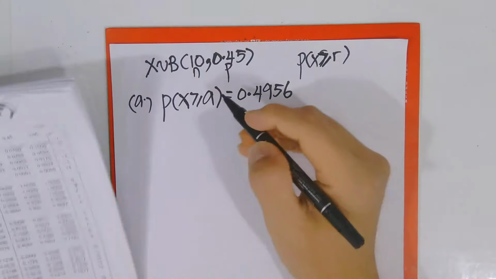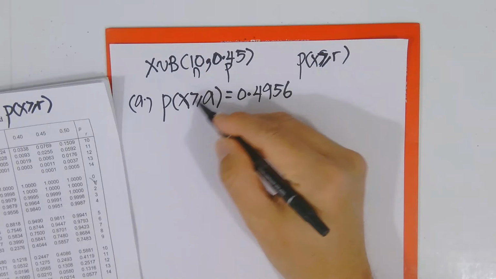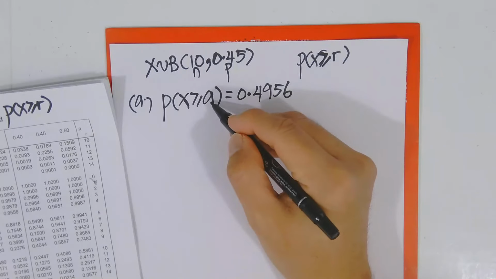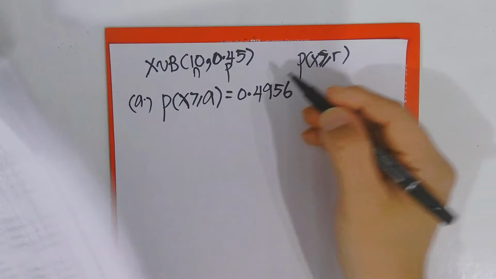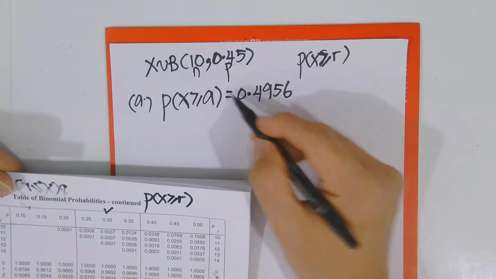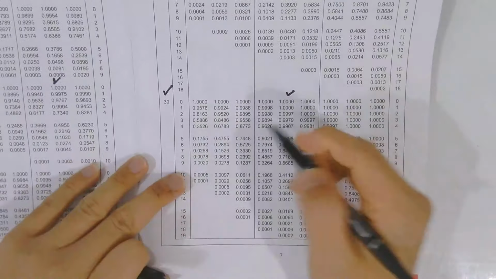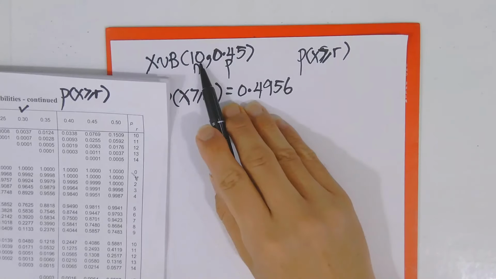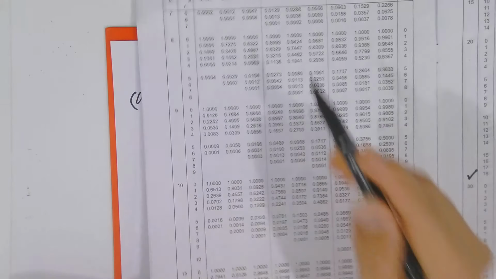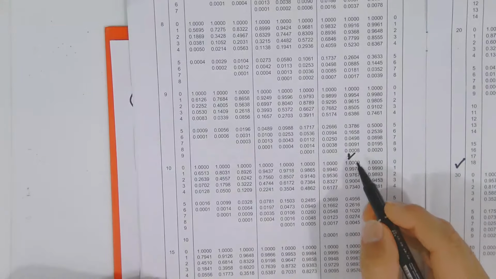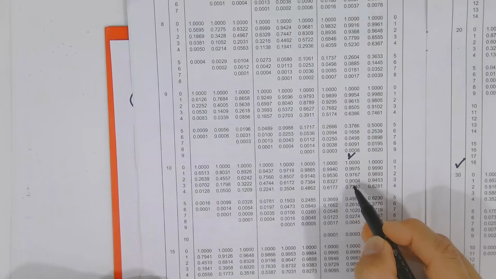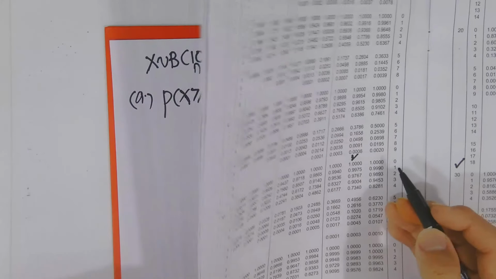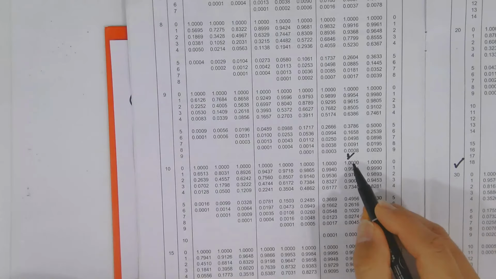Since this is already in the format of P(X greater or equal to A), we can straight away find the value of A by searching for this value. You find 10, 0.45, where I put a tick here. Which value has 0.4956?